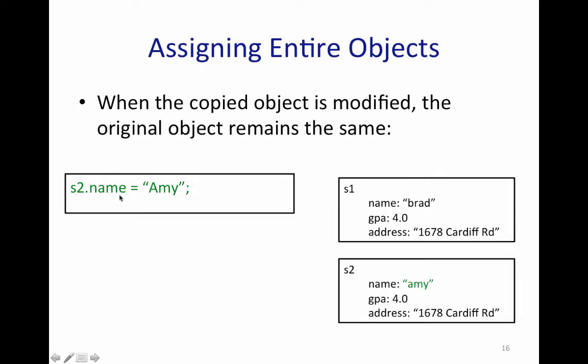So if I reset S2's name to Amy, it changes it in S2, but you see that the name in S1 is unchanged. It's literally copying into a second form, and if you change something on the second form, it doesn't affect the first form. Okay?